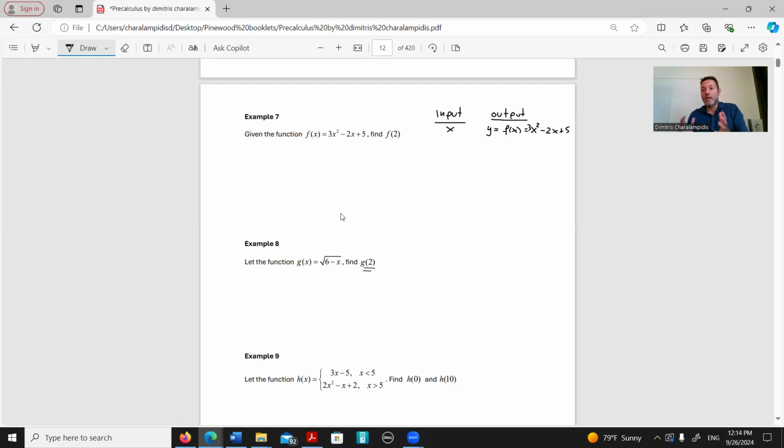This means that whenever I am given an input value, in order to calculate the corresponding y value, I should take that input value, raise it to the power of 2, multiply that by 3, then subtract from that result 2 times that number, plus 5.